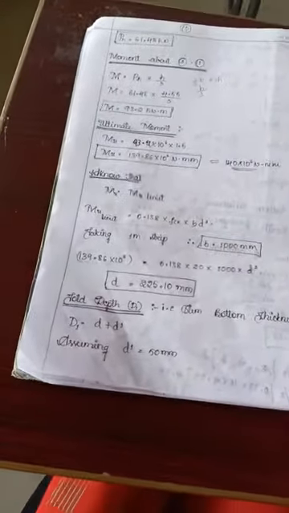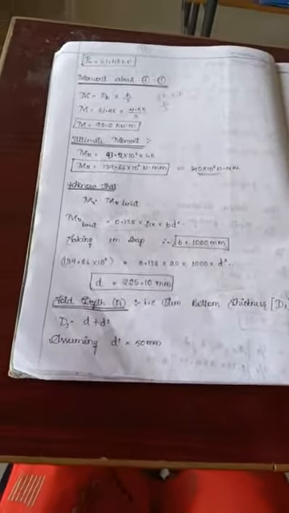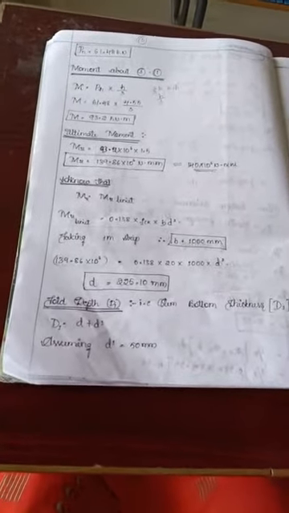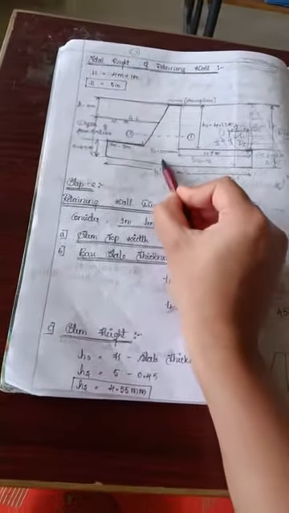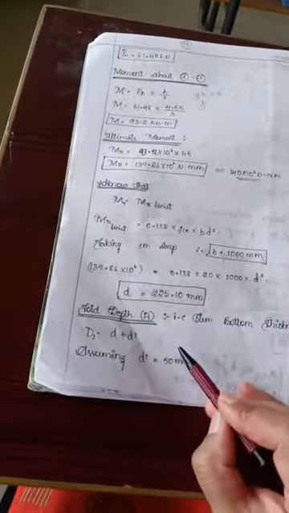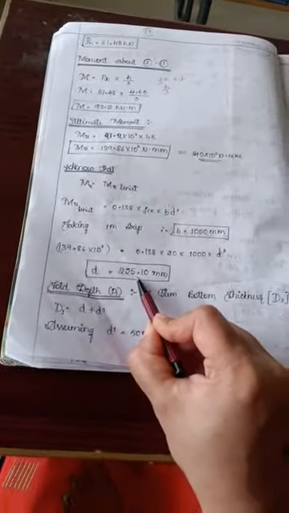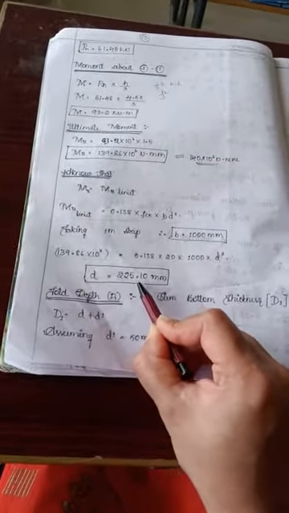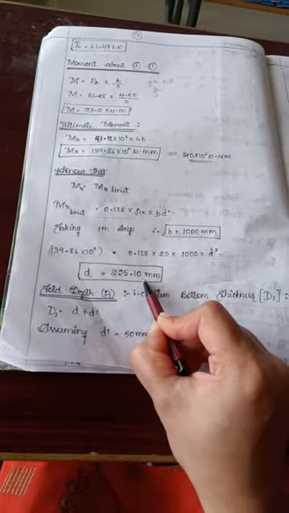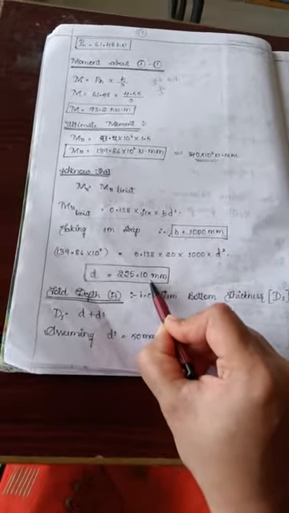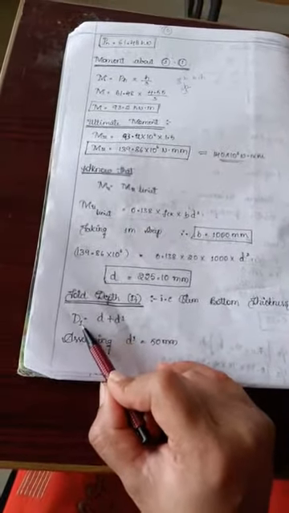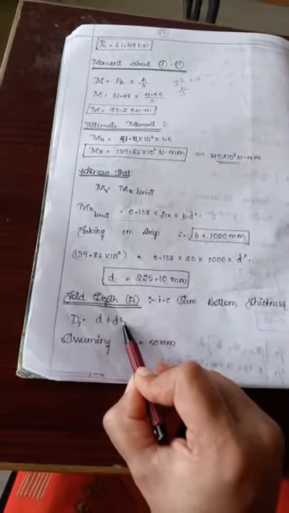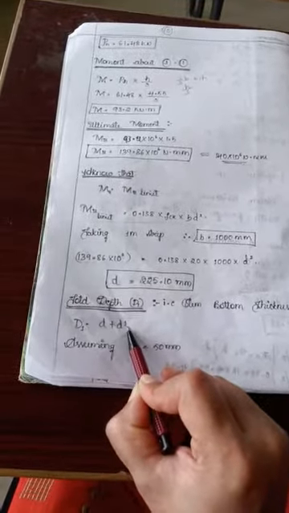After that, now we find the total depth. Total depth means here the stem bottom thickness. This value we are going to find, the D1 value. For finding the D1 value, the D value we get is 225.10. After that, we take D dash also. D dash is nothing but the effective cover.